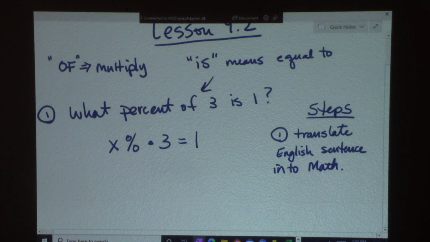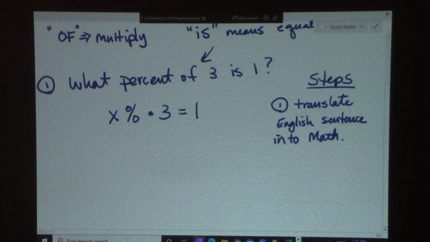That's the first step. Okay. Now, when I'm looking here at my problem, I'll do the next step in the equation, and then I'm going to write the steps down.